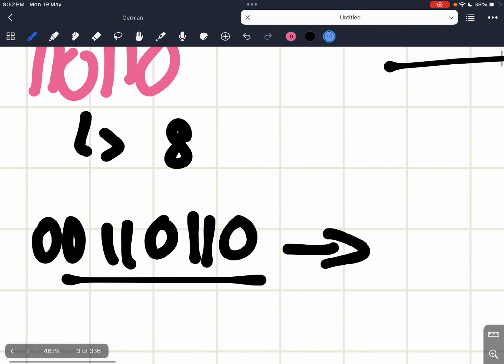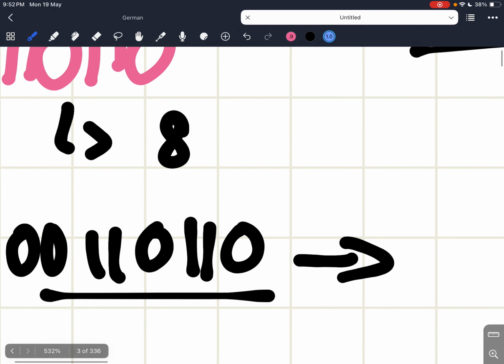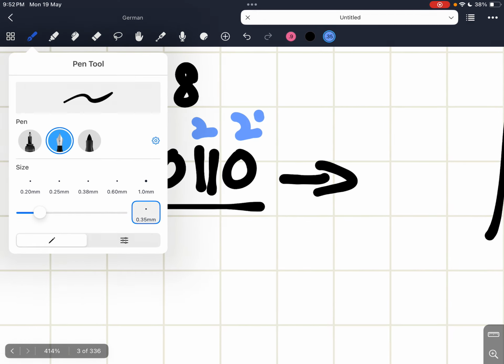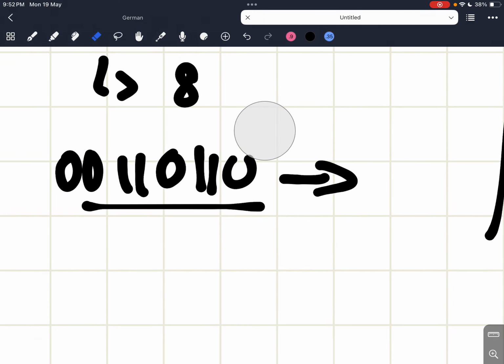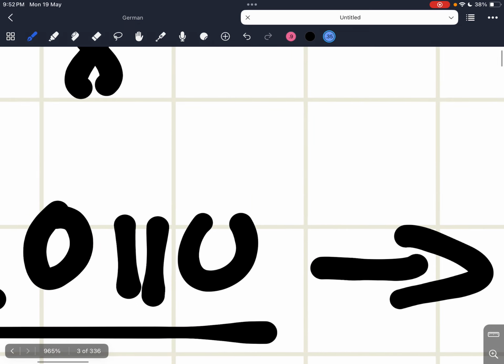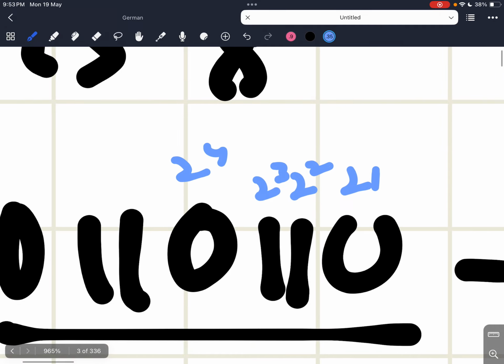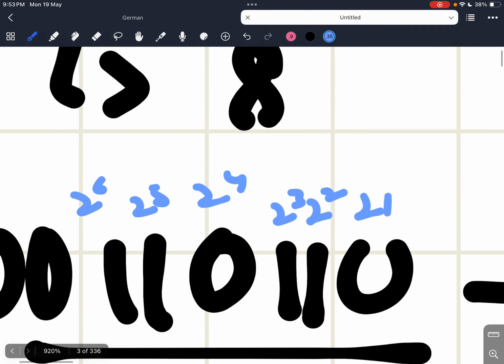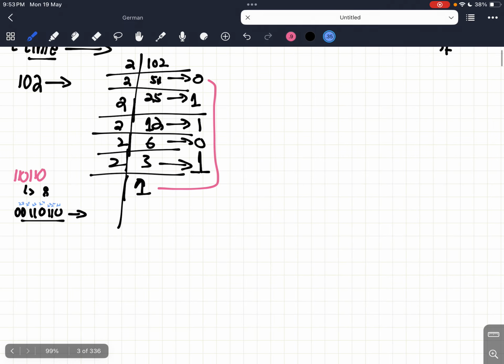You just need to apply the powers of 2: 2 power 1, 2 power 2, 2 power 3, 2 power 4, 2 power 5, 2 power 6, 2 power 7, 2 power 8.